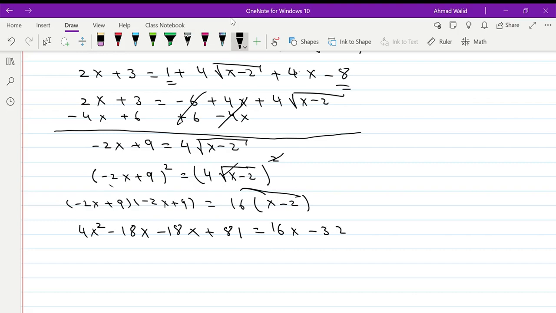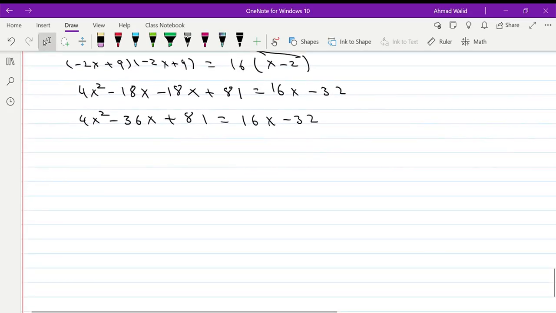Combine like terms on the left. 4x squared, negative 18x, and negative 18x gives you negative 36x plus 81 equals 16x minus 32. Now move everything to one side. It means subtract 16x and add 32 to both sides. Add 32, subtract 16x. Oh, it's a big problem.